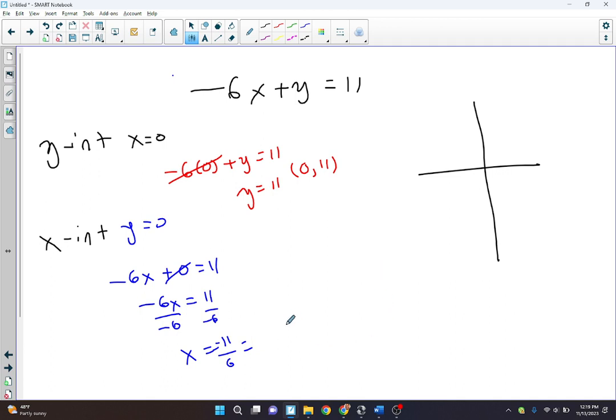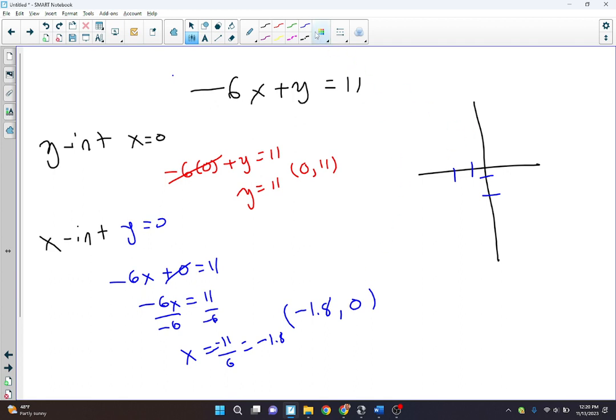So I would turn it into a decimal, which should be around negative 1.8. You can graph a decimal. So this is negative 1.8, comma 0.